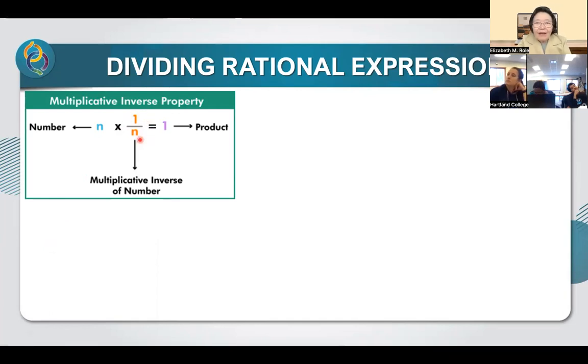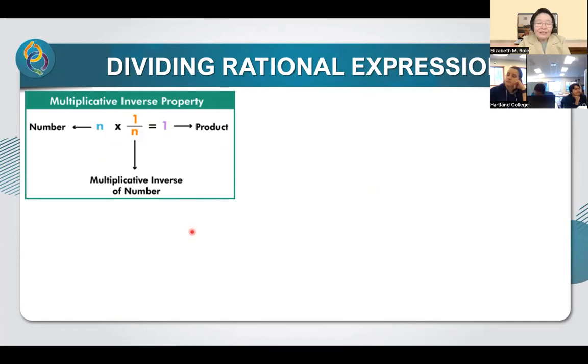In other words, if I multiply 2 by 1/2, the answer is 1. Therefore, 1/2 is the multiplicative inverse of 2. In some other terminology, we call it reciprocal. I hope you still remember that. The reciprocal is the multiplicative inverse of a certain number. That means you just switch. So if you have 1/3, the reciprocal of 1/3 is 3 because 1/3 times 3 is equal to 1.